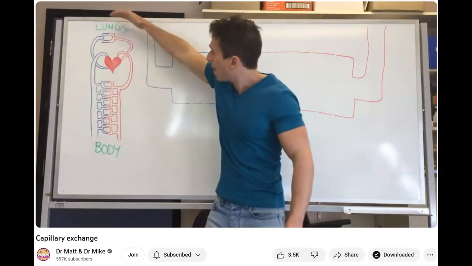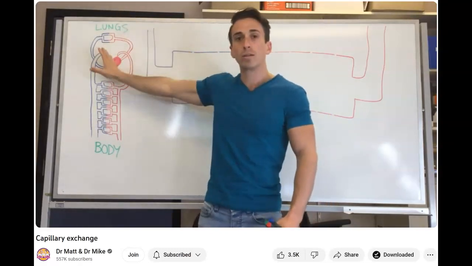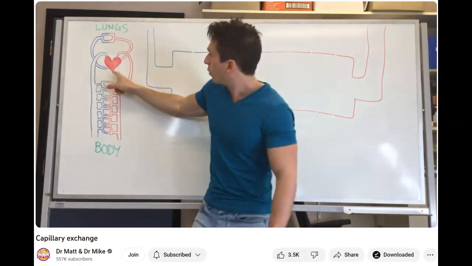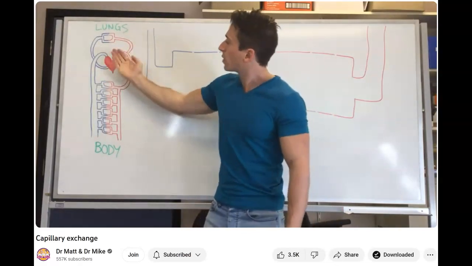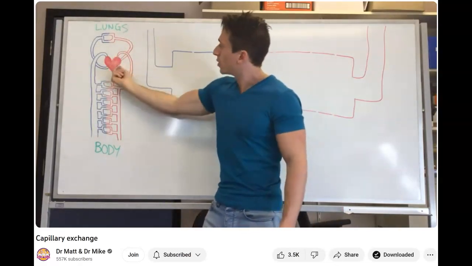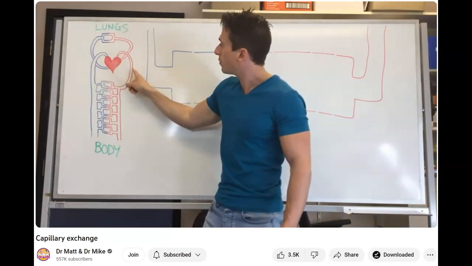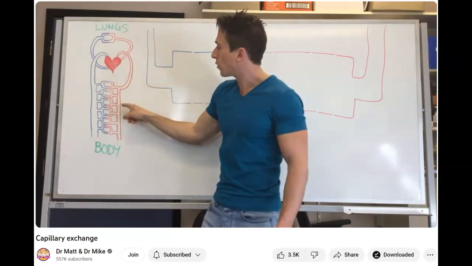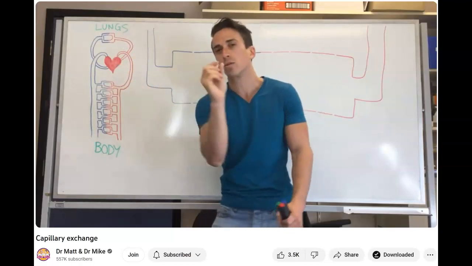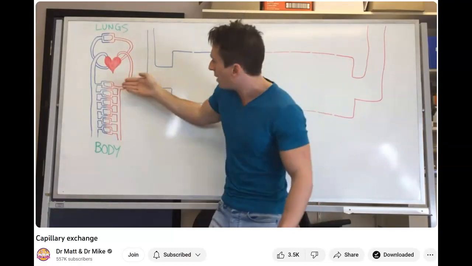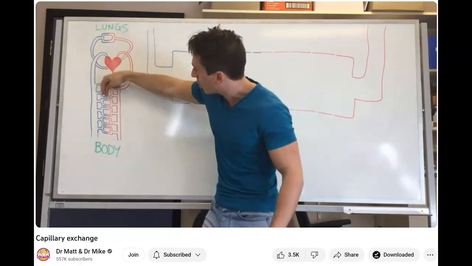So if we just have a look at what I've drawn here on this side of the whiteboard, you'll see we've got the heart. If we look at the left-hand side of the heart, when it contracts, it pushes blood out of the aorta, which branches into all of its aortic branches and then further branches into smaller arterioles. And these arterioles will then lead into capillary beds.